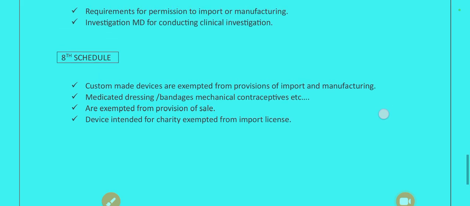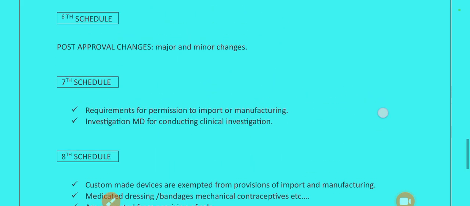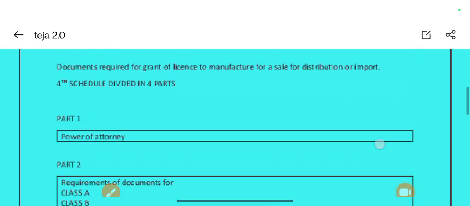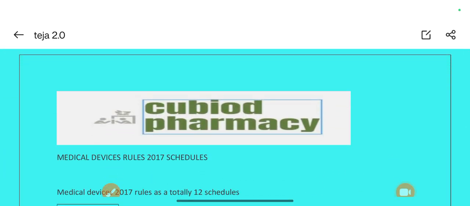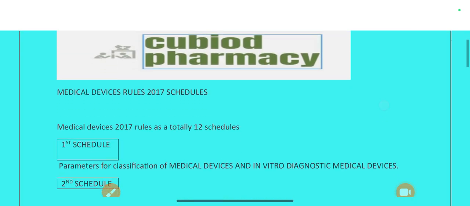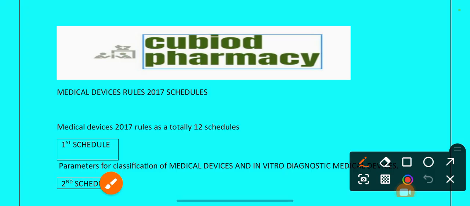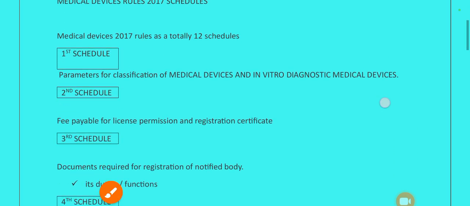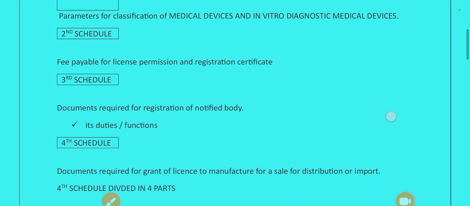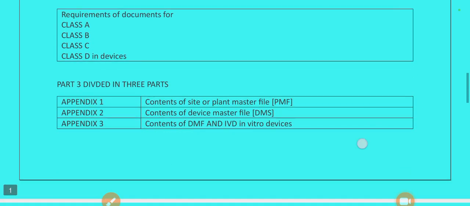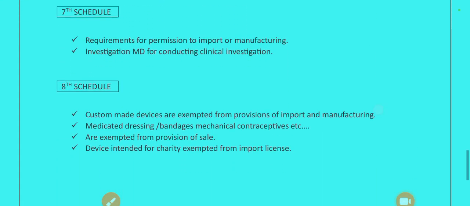So how many schedules are there in the Medical Devices Rules? Totally 8 schedules. Schedule 1, schedule 2, schedule 3, fourth schedule, fifth schedule, sixth schedule, seventh schedule and eighth schedule.